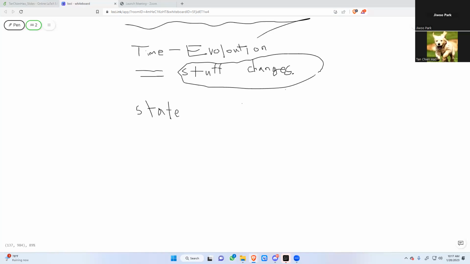Another way to look at it, which might be a little less clear to understand, is that the observables, the operators, are changing in time. So the state stays the same. So we just define the state as, say, the state of the person in the room at a specific time.